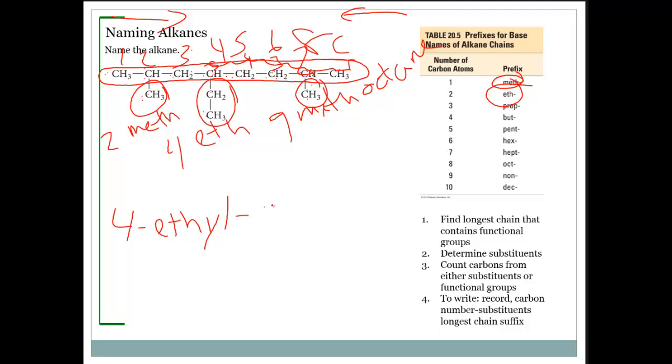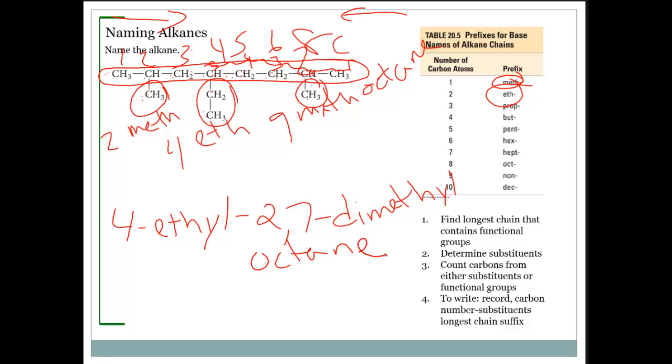I have 2 of them, so I'm going to use dimethyl. Notice I did not include the di when trying to organize it. I only look at the substituents themselves, not the prefixes. So 4-ethyl-2,7-dimethyl. I ran out of room there, so I'm going to put it down here, octane.